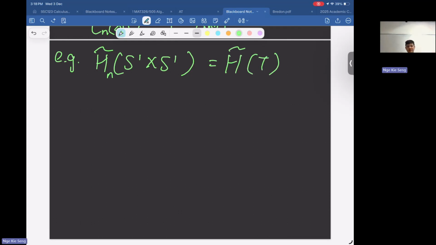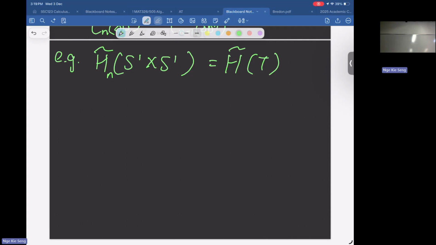Okay, how to do this? Use whatever we have learned. So can you think of why we want to introduce wedge first, and then do this S1 wedge S1 thing?